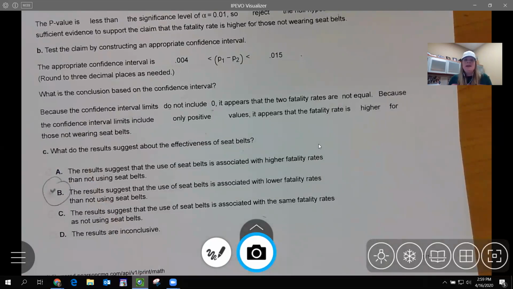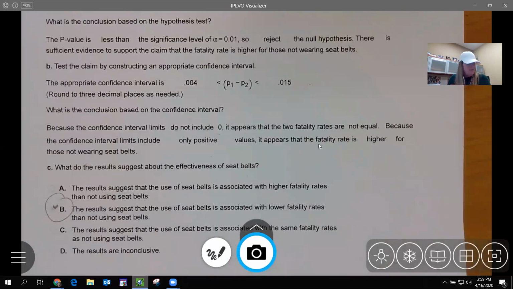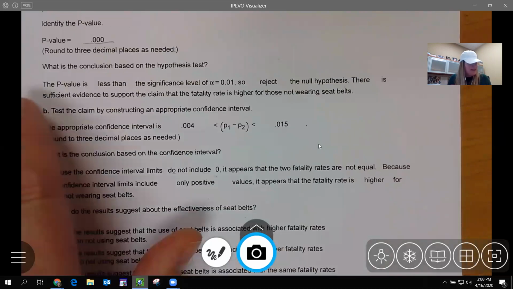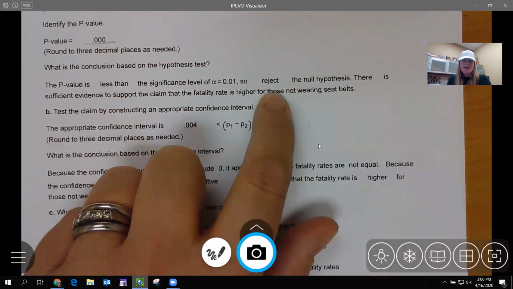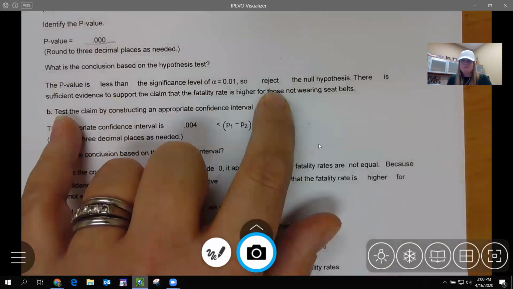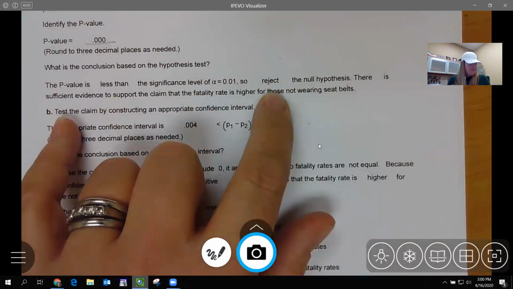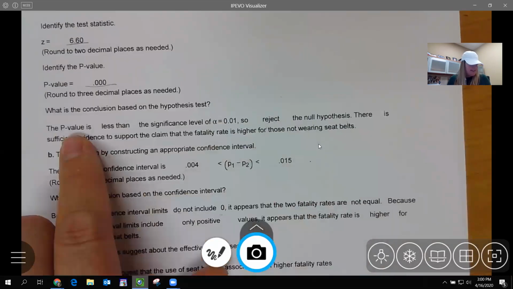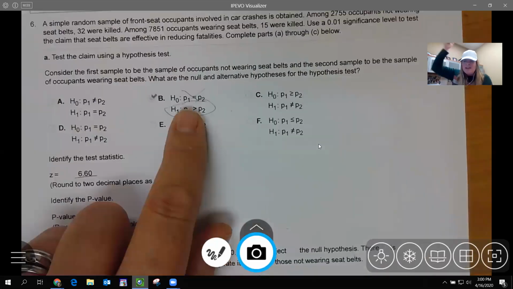Okay, so if the P is low, reject the null. I said it wrong. If the P is high, let it go. I think that's what I was thinking of. There's both of those. So remember, if your p-value is less than the significance level, you're saying out with the null, in with the alternative.